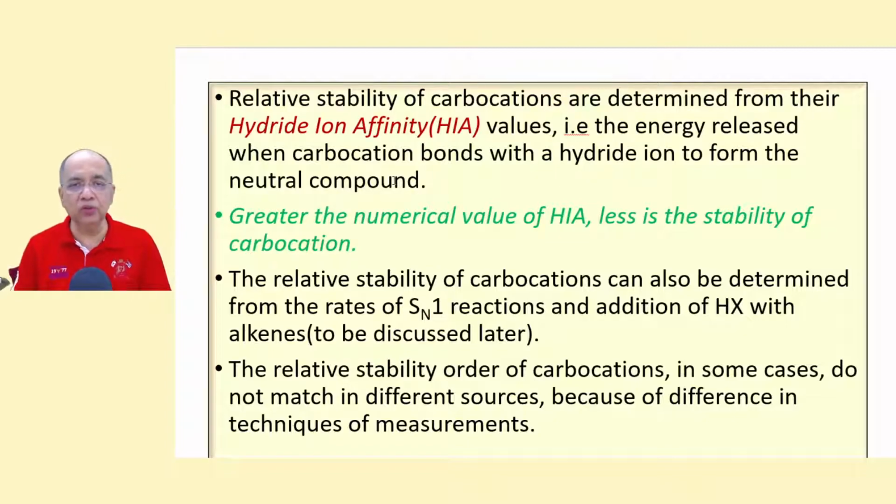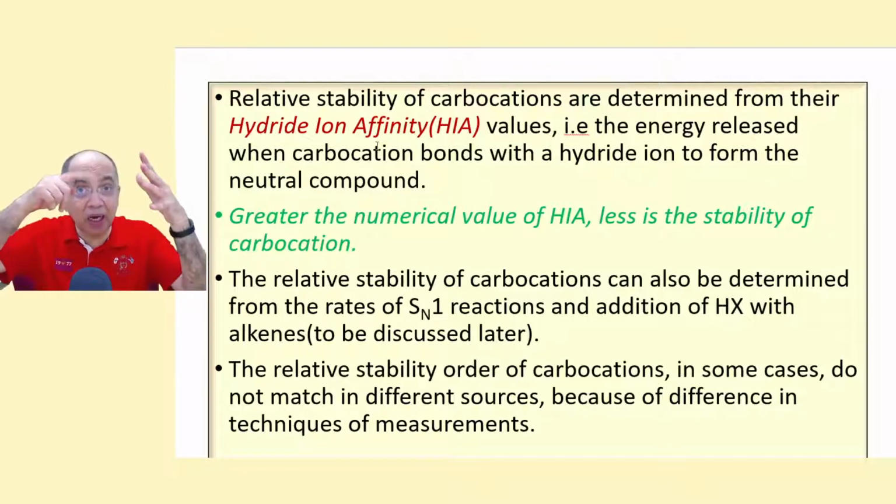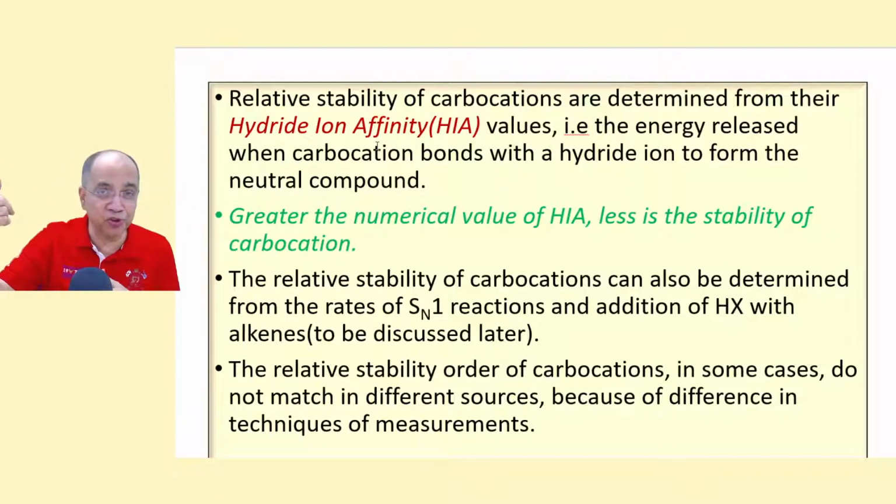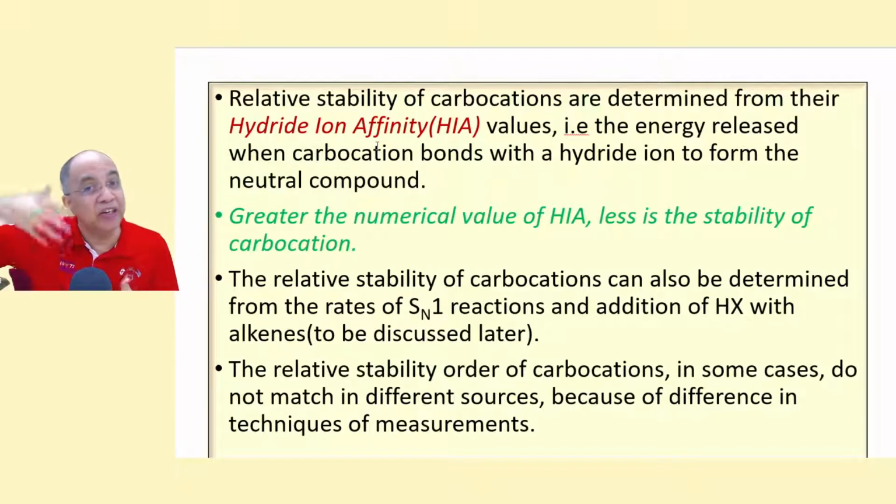Now I'll tell you that the relative stabilities of carbocations are nowadays determined experimentally by a phenomenon called hydride ion affinity, HIA. When a carbocation, with its positive charge, accepts a hydride ion, a negative charge, it forms the corresponding neutral compound, and by that it releases some amount of energy.